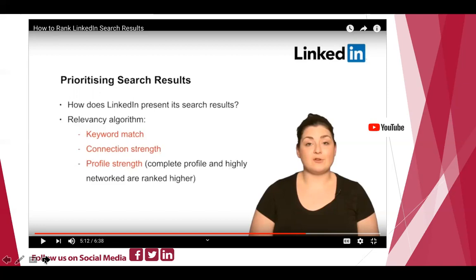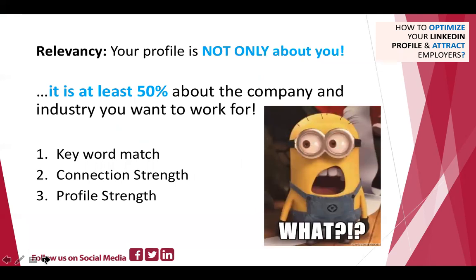These are the 3 main focus on average of any employer that looks for the right candidates, and they call it, when they use technology like LinkedIn, relevancy algorithm. Okay, so among the relevancy algorithm, they expect keyword match, connection strength, profile strength to bring up the top or the best candidates to select from. Now you're gonna go, what? Oh my gosh.